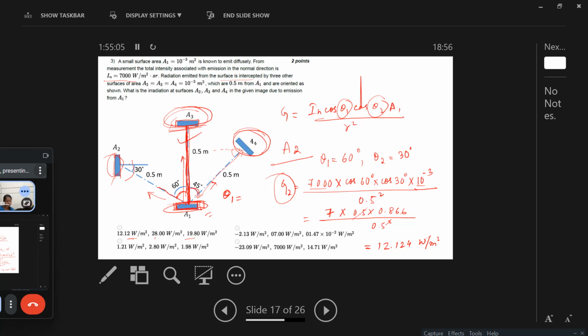That is the normal to A1 and the line connecting with any surface. So that is theta 1. And theta 2 is just the opposite. The normal to the surface with the line connecting with A1.